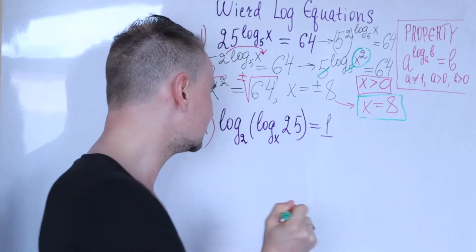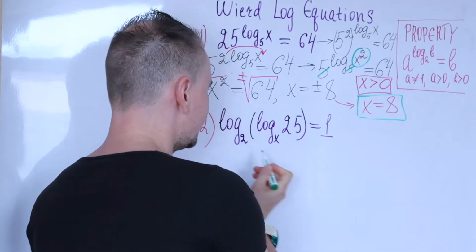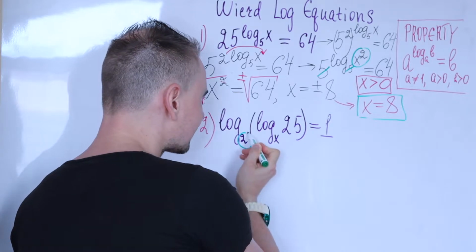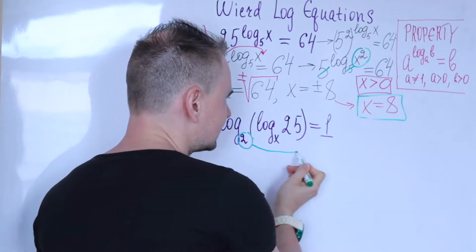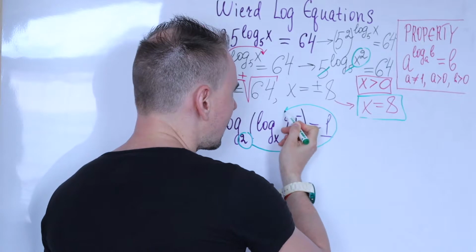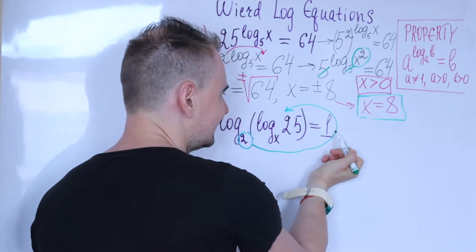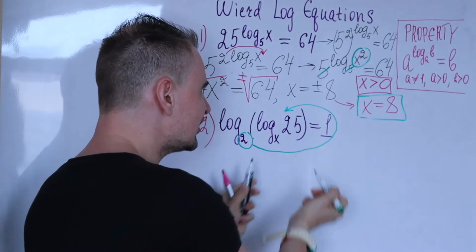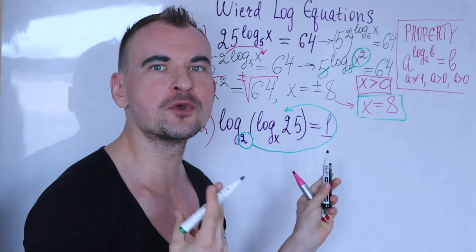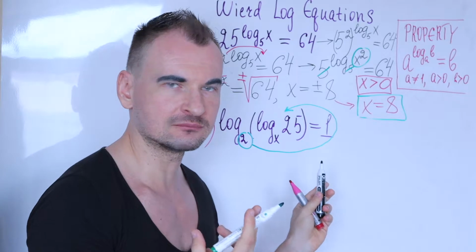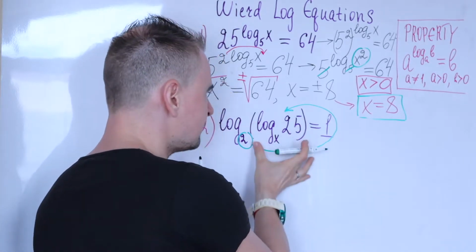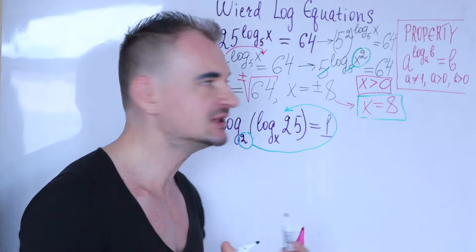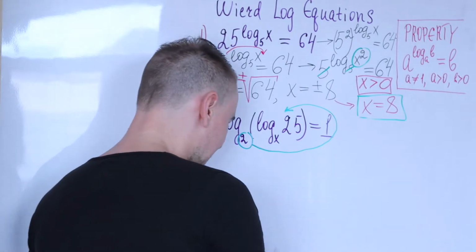So let's rewrite it. All you do is grab this little base 2, raise it to whatever you have on the right side, which is 1 in this case, and set it equal to the argument of your logarithm, that middle part that hasn't been touched yet.